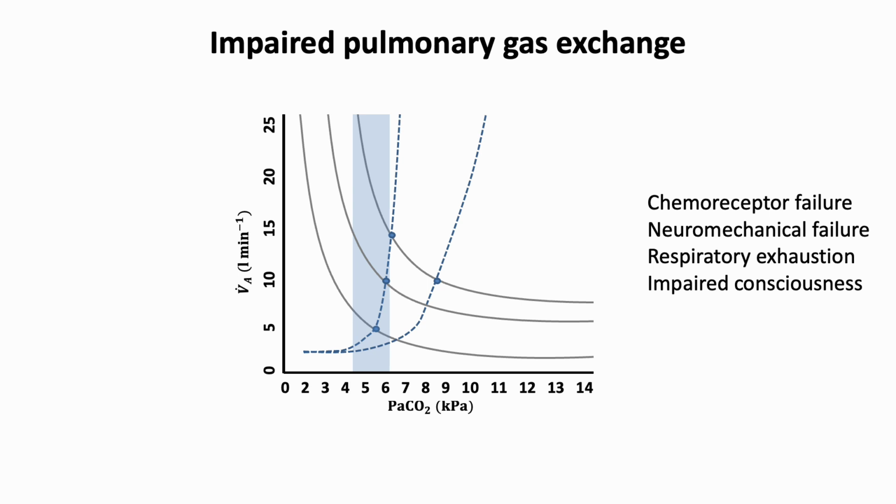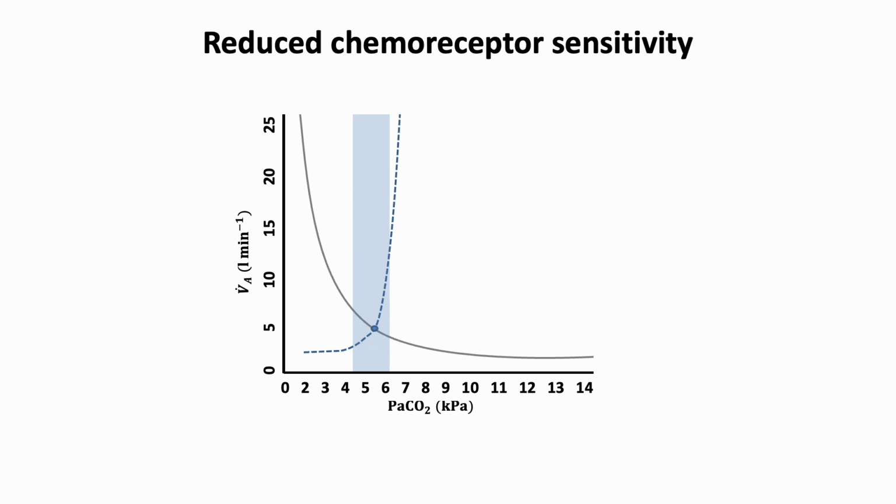And this also applies to respiratory exhaustion, which you sometimes see in patients with acute respiratory failure, including patients with asthma. They may experience respiratory exhaustion, and that will also cause such a right shift of the chemoreceptor curve, and thus progressive hypercapnia. Impaired consciousness can have the same effect, because that affects both the actual output from the central nervous system, but also chemoreceptor sensitivity.